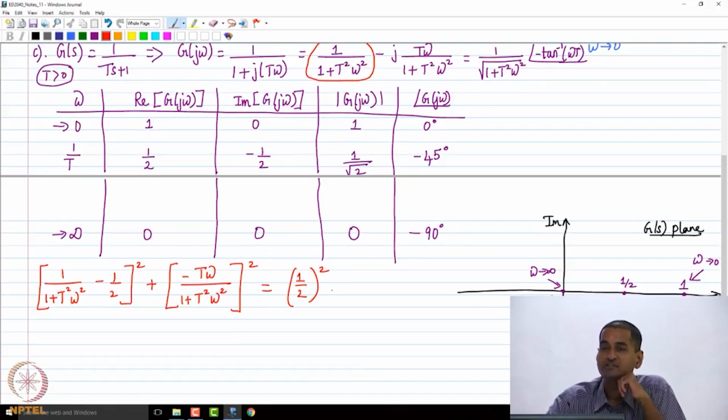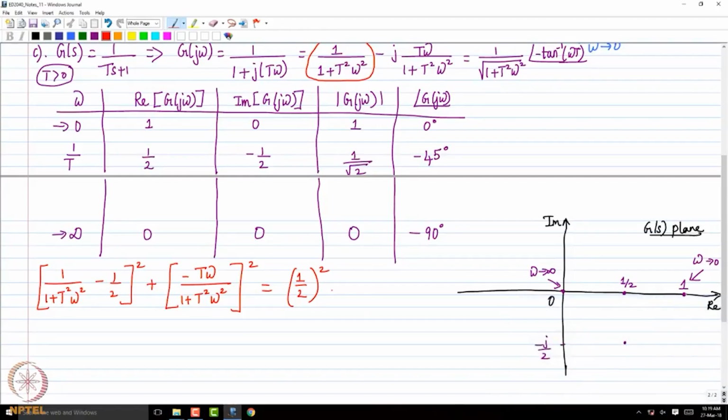So, what does this equation correspond to? If you recall our geometry, this equation will trace out a circle, which is centered at 1 by 2 comma 0 and of radius 1 by 2, and that is the Nyquist plot here.